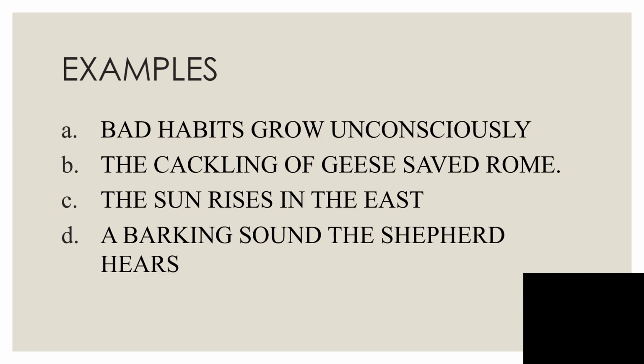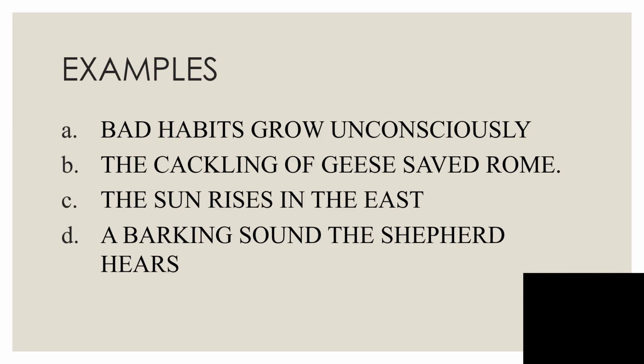Now let's look at a few examples. The first one is: bad habits grow unconsciously. I will be highlighting the subject part and the rest will be the predicate part. The part which I won't be highlighting will become the predicate part.